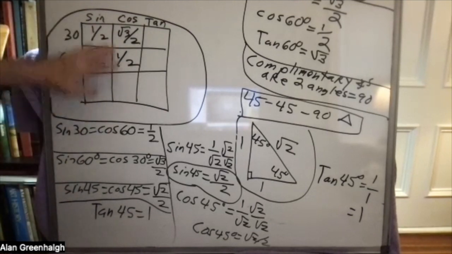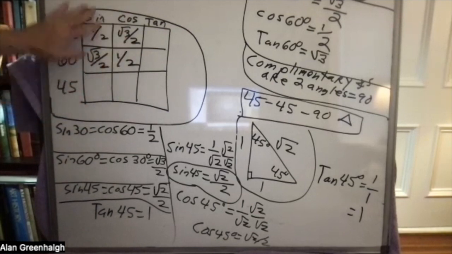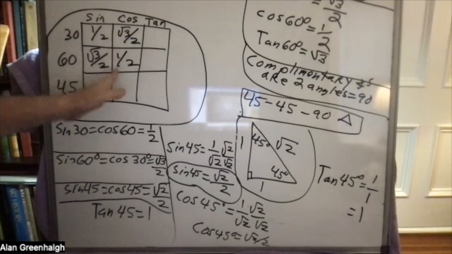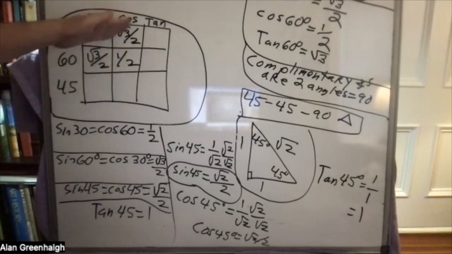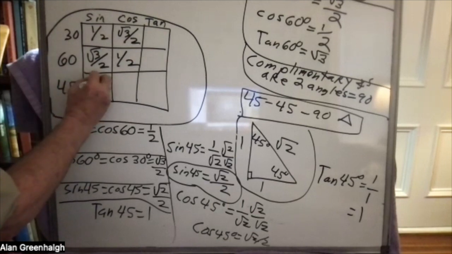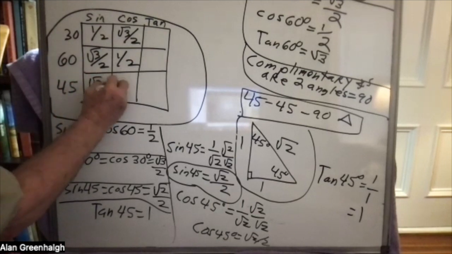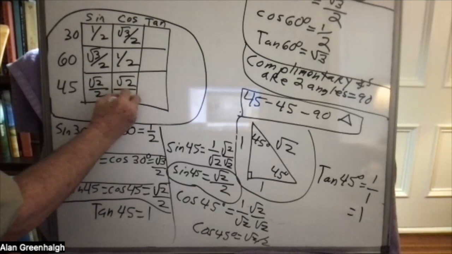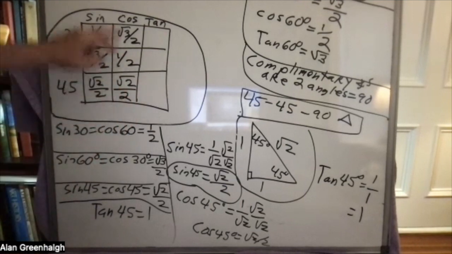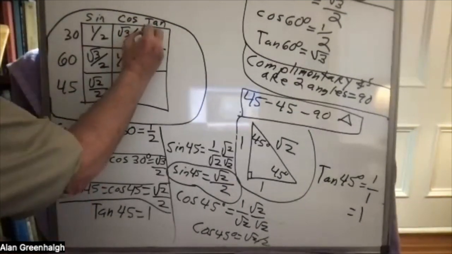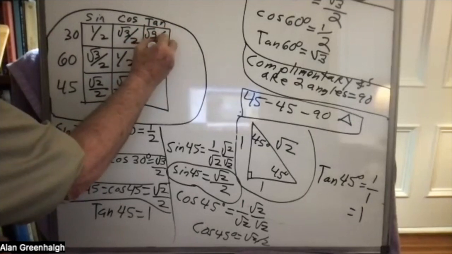That's helpful. You're able to do these two because of the diagonal relationship over here. And the sine and the cosine of 45 is the square root of 2 over 2. This is how I remember the chart. The tangent of 30 is the square root of 3 over 3.